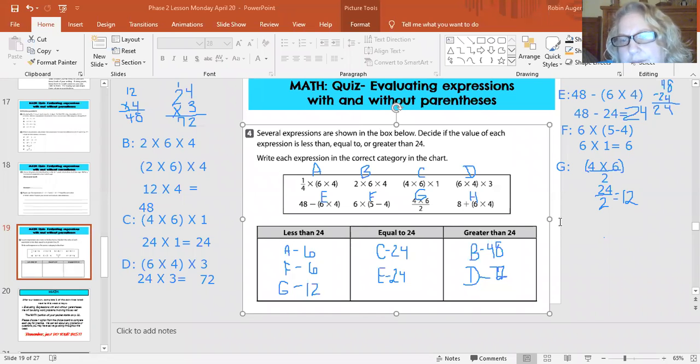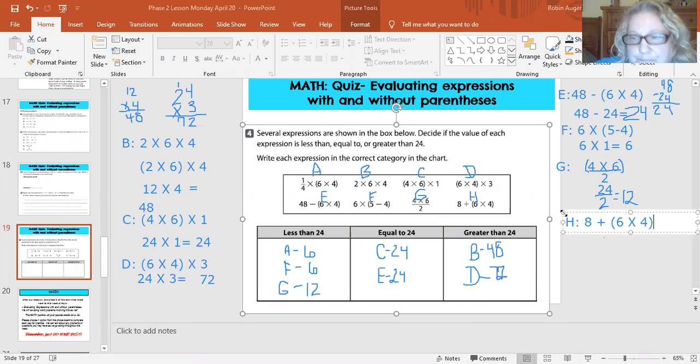Okay. Again, should be easy, right? Just have to think about our PEMDAS rules. The equation says 8 plus parentheses 6 times 4 close parentheses. Let's write out the problem. 8 plus parentheses 6 times 4 close parentheses.